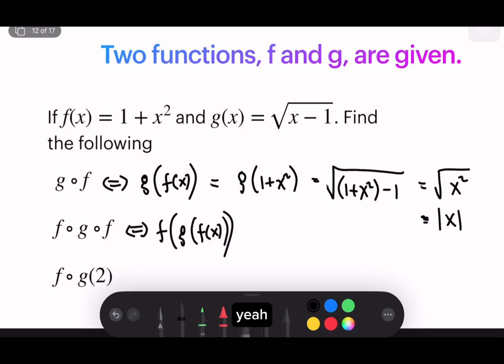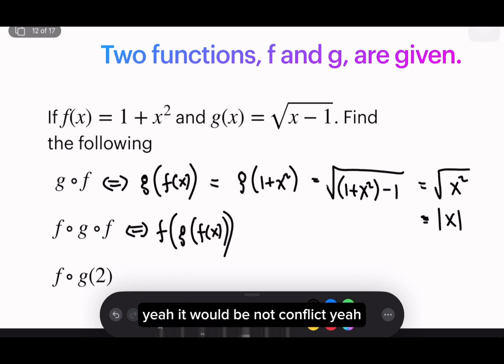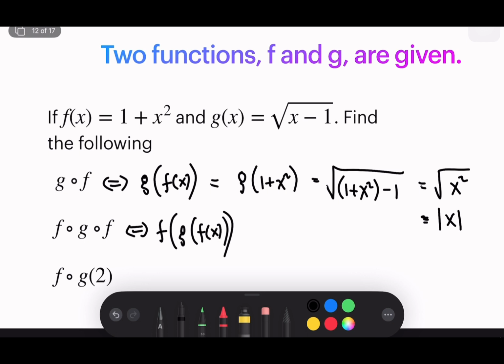Professor, are we going to lose points if we forget to put the absolute value? Yeah, it will be not complete. It depends on the cases.